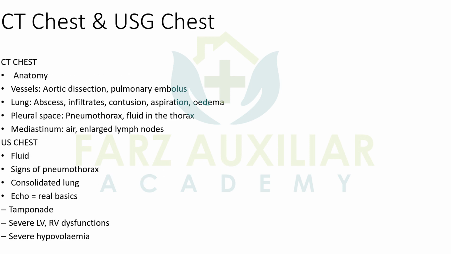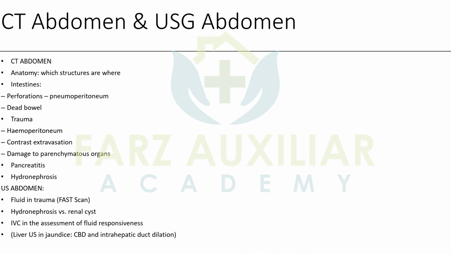In CT chest, they can ask you about aortic dissection, pulmonary embolus, lung abscess, infiltrates, contusion, aspiration, edema, pleural space, pneumothorax, mediastinum, air, enlarged lymph nodes. In USG chest: fluid, signs of pneumothorax, consolidated lung, echo, tamponade, severe LV-RV dysfunction, severe hypovolemia. These things can be asked.